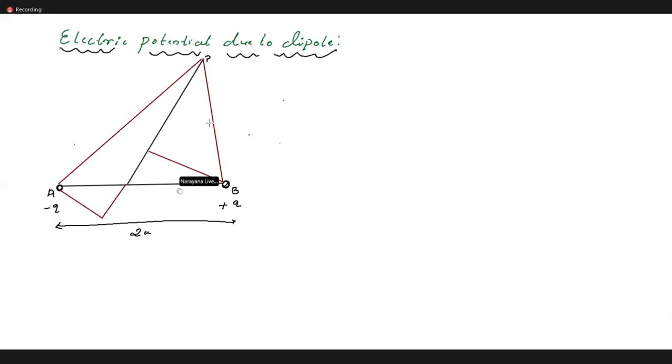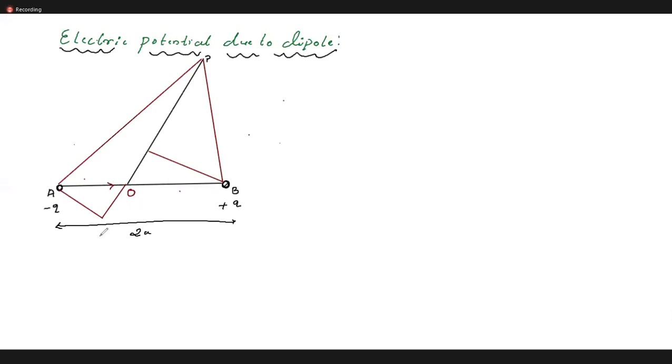Okay, so this is the electric dipole. Let me write here a, so this is some point O. Okay, this is some point O. So let me say this is the electric dipole. The dipole moment here is P, right? So let me denote it as E.